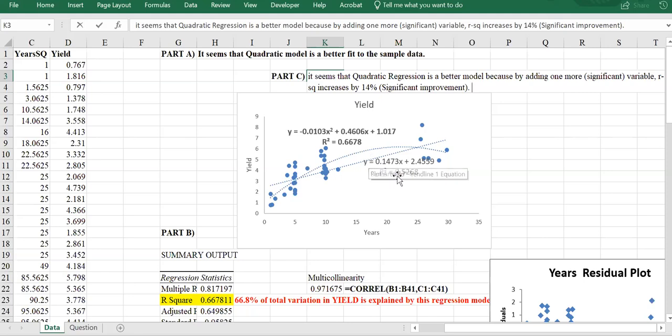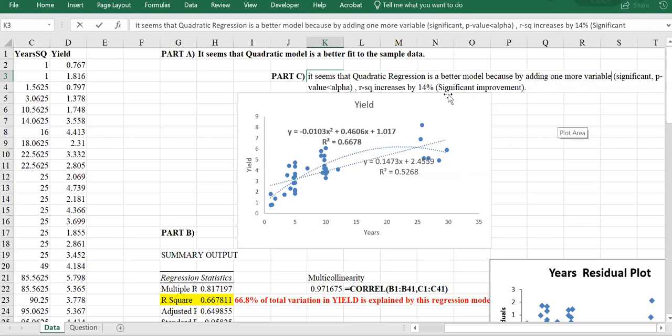So quadratic regression is a better model because by adding one more variable, which is significant, the variable is significant because its p-value is less than alpha. By adding one more variable that is significant, its p-value is less than alpha, R squared increases by 14%.